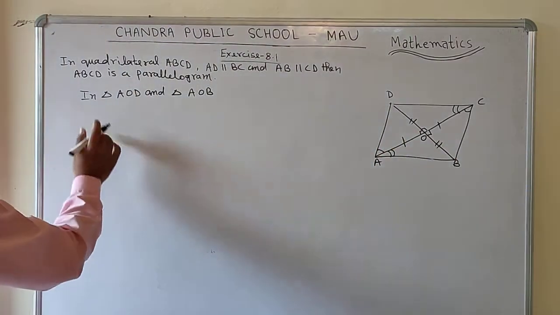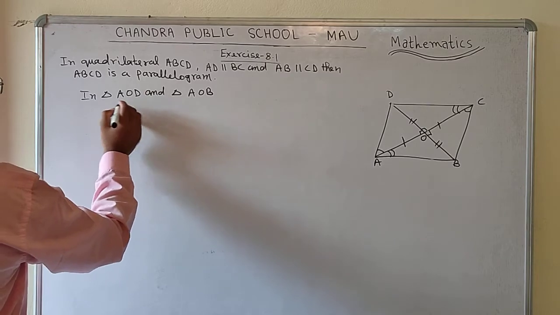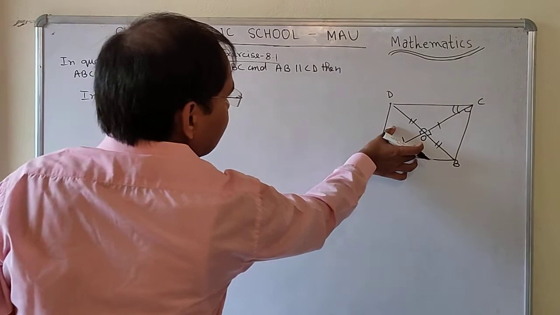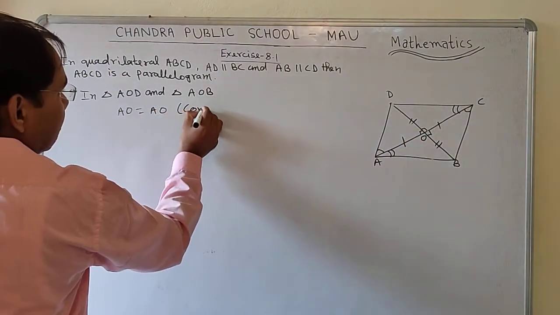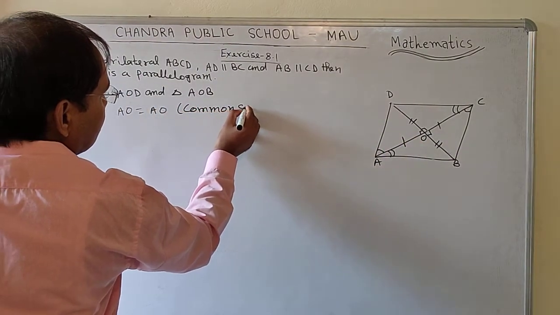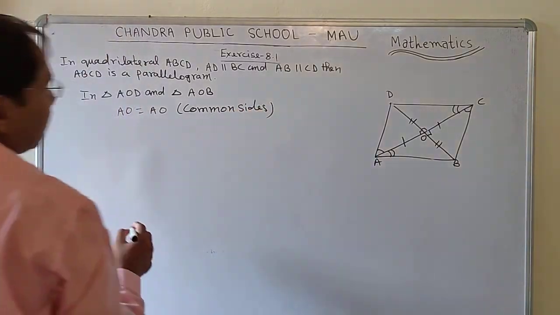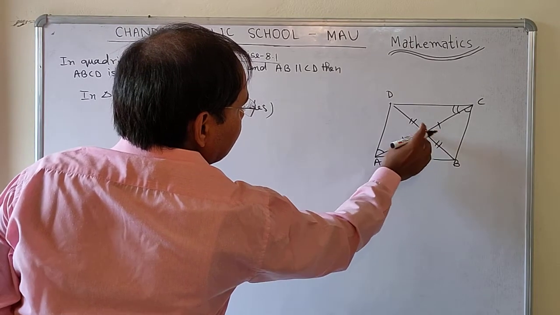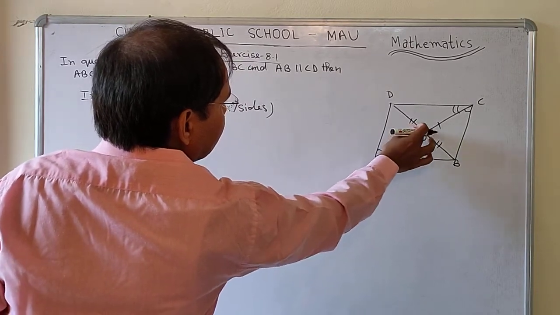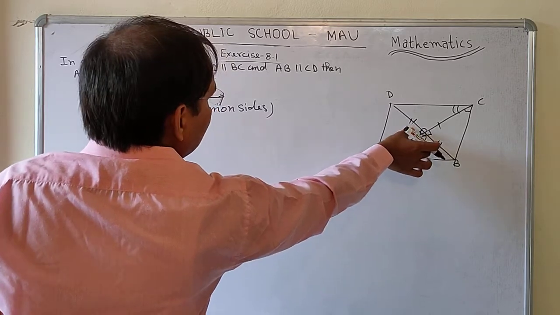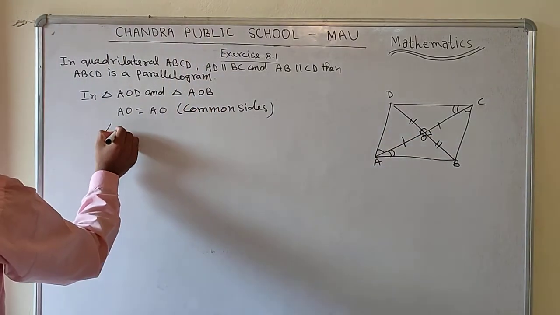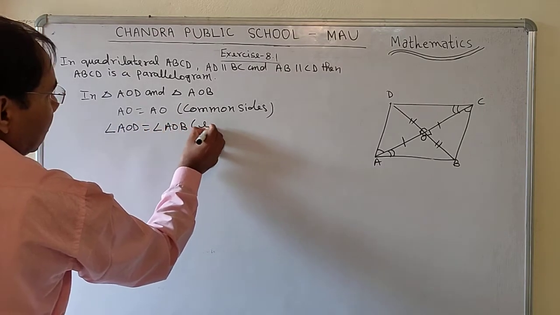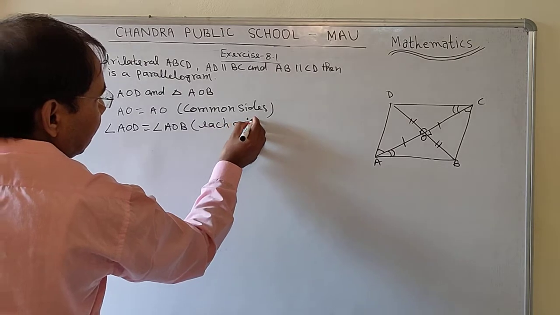In both the triangles, what things are equal? First you will get AO equal to AO. AO is existing in both the triangles, so that is the common side. Next, here it is given both the angles are 90 degrees. So 90 degrees in this triangle, 90 degrees in this triangle. So both the angles are equal. So you can write angle AOD equal to angle AOB is 90 degrees. That is given in the question.